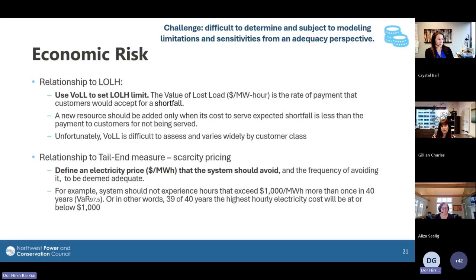The challenge, and this is true for scarcity pricing as it is true for value of lost load, is that it is very difficult to determine, and it is subject to modeling limitations and sensitivities. I think there's really good work out there, and you could look at different surveys and willingness to pay and other considerations, but at the end, it is very difficult to tie specific economics and financial considerations to adequacy metrics.